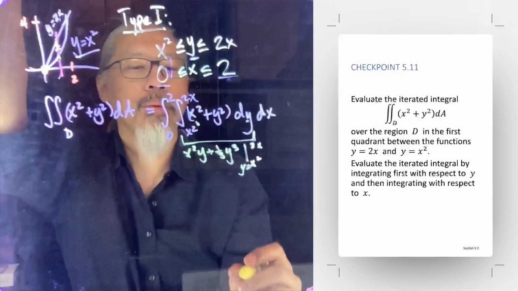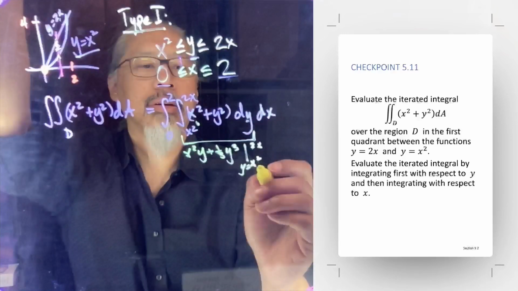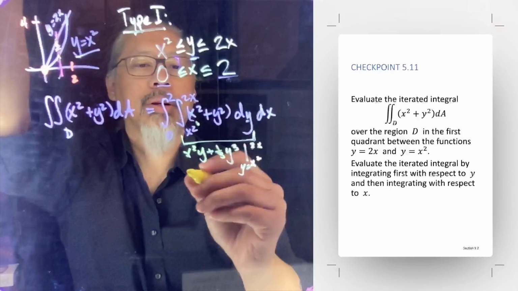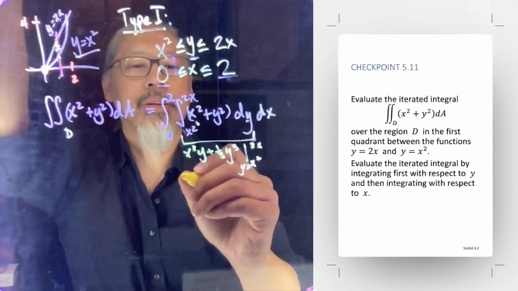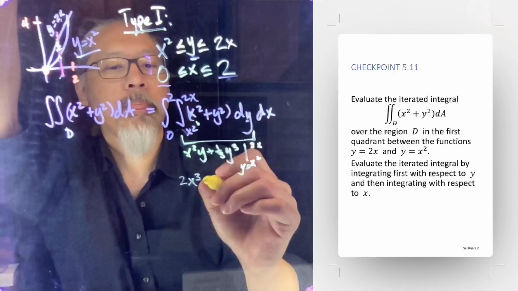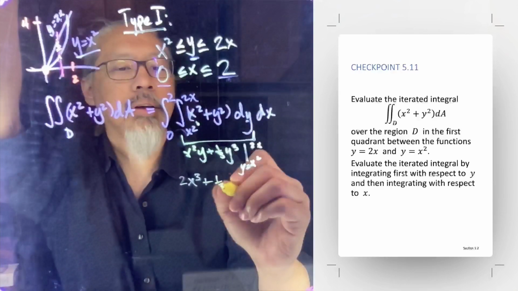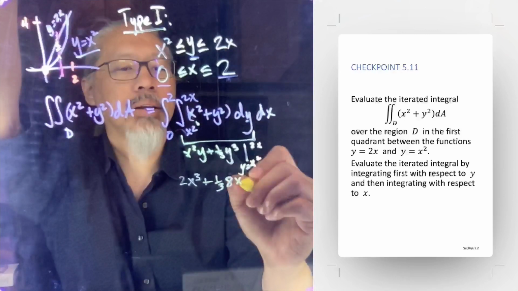Again, putting that y equals there would make things a little clearer. That gives 2x cubed plus 1/3 times 2x cubed, which is 8x cubed.